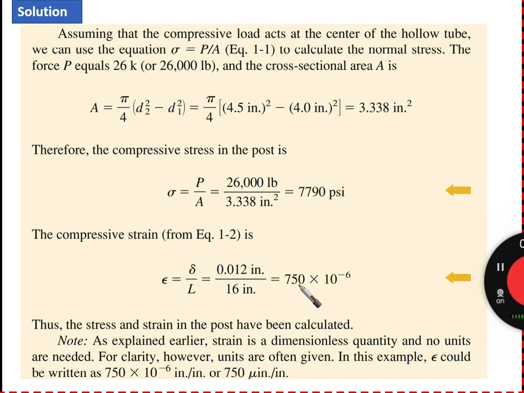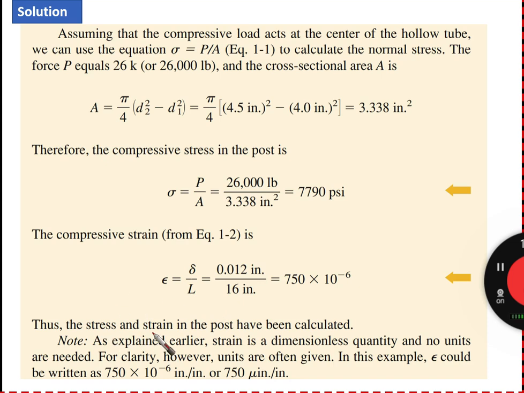So we now have the normal compressive stress and normal compressive strain. We've obtained both of them. Take care that the stress has units, which is pounds per square inch, but strain has no units. It's unitless, as we said before, because it is unit length over unit length.